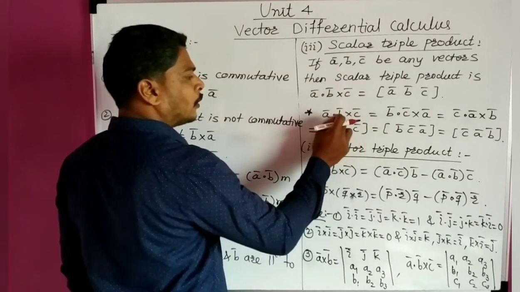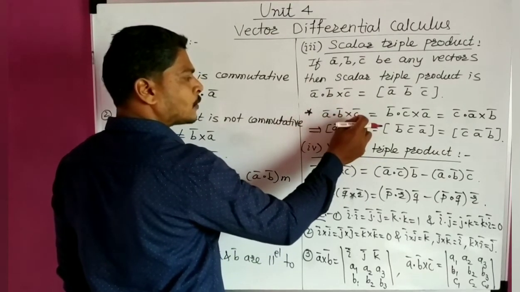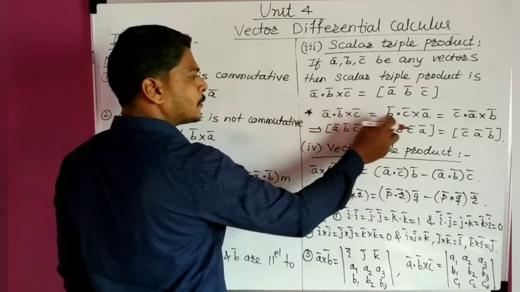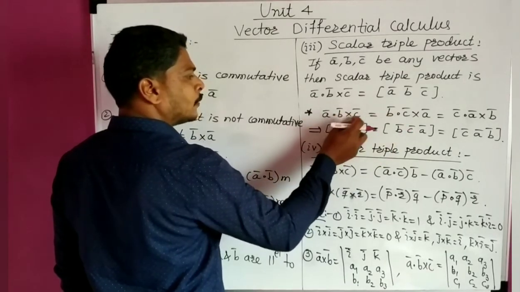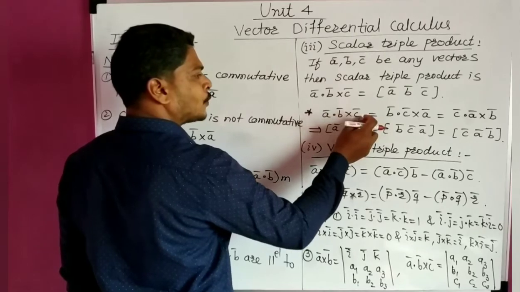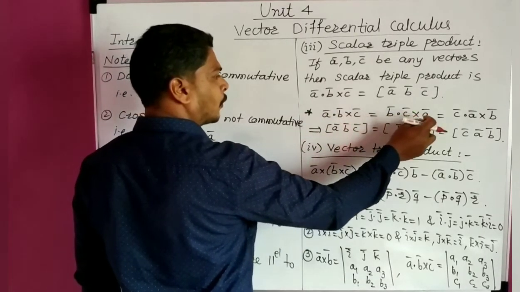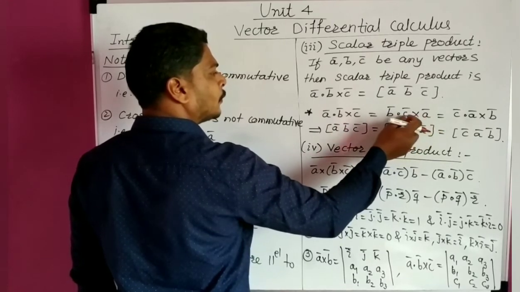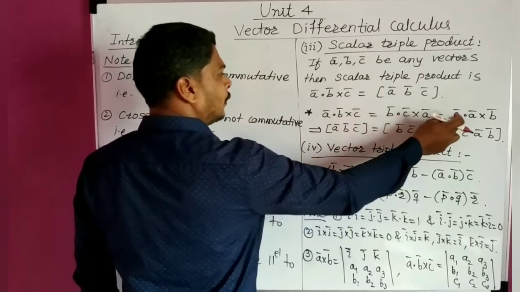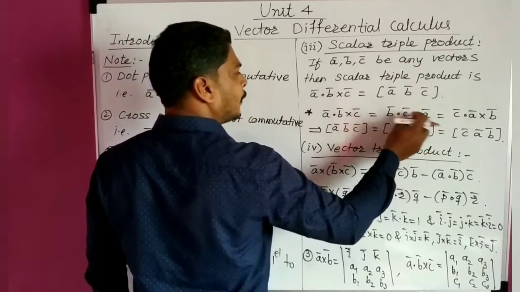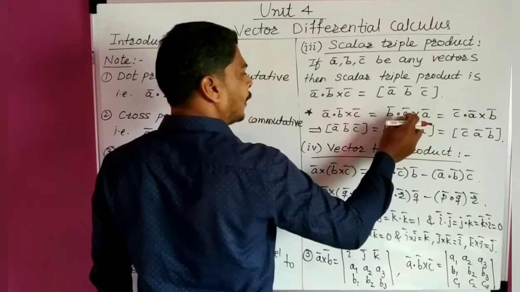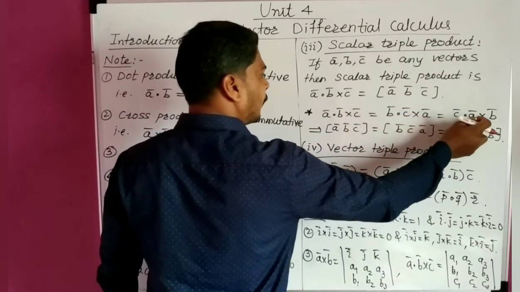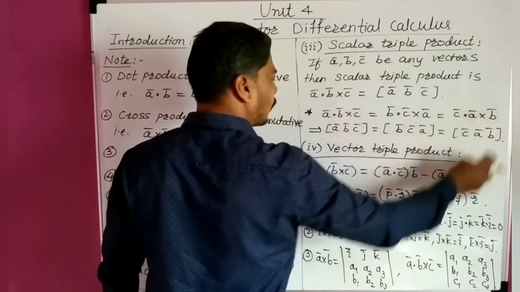So in a bar dot b bar cross c bar, replace a by b, b by c and c by a, we get b bar dot c bar cross a bar, and now replacing again, we get c bar dot a bar cross b bar.